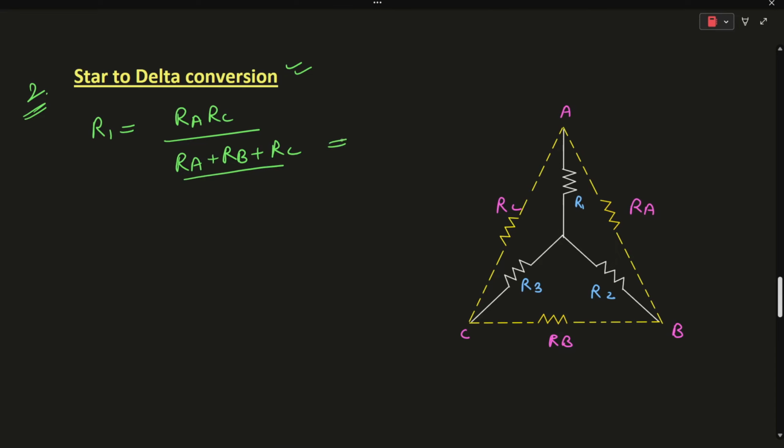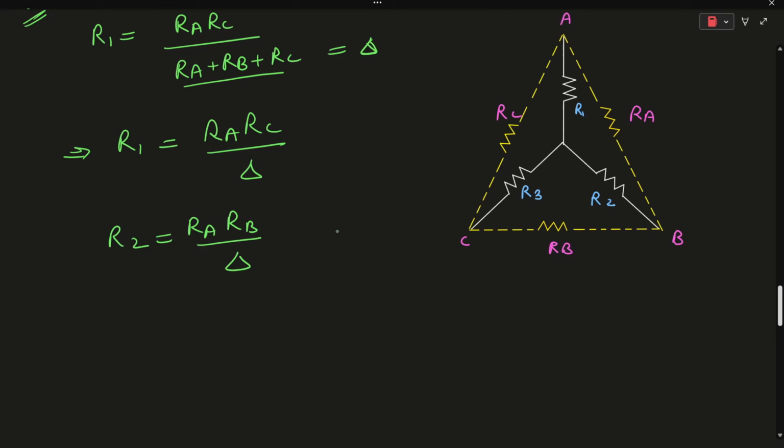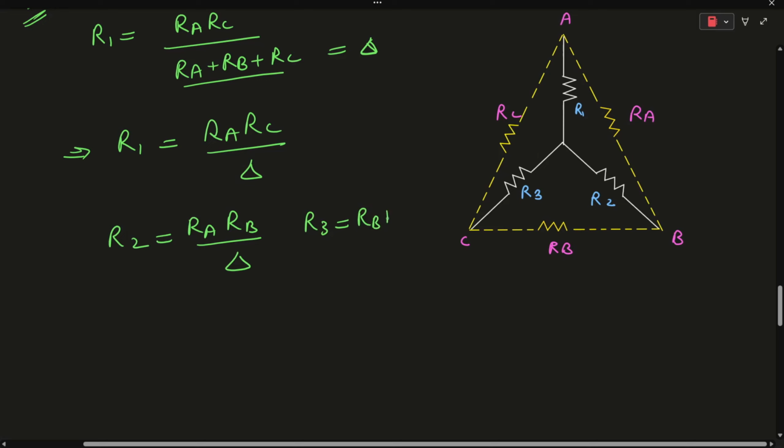So R1 is equal to RARC upon delta. Similarly, R2 will be equal to RARB upon delta, and R3 will be equal to RBRC upon delta.